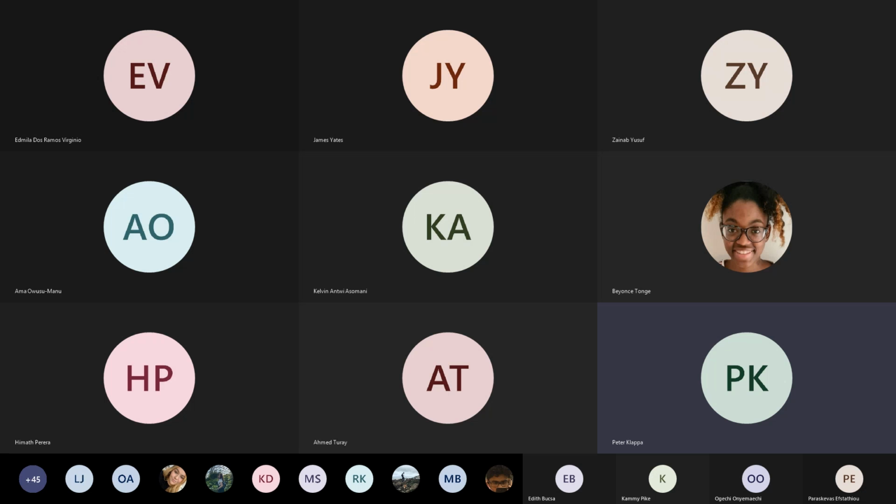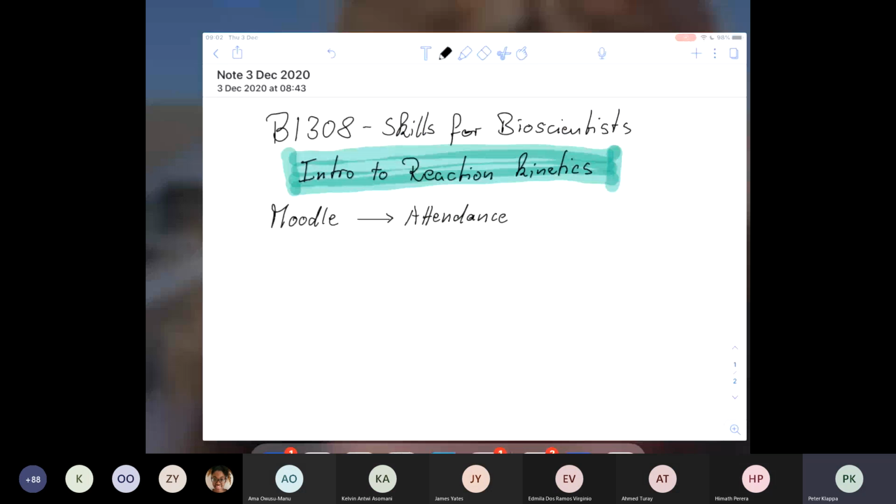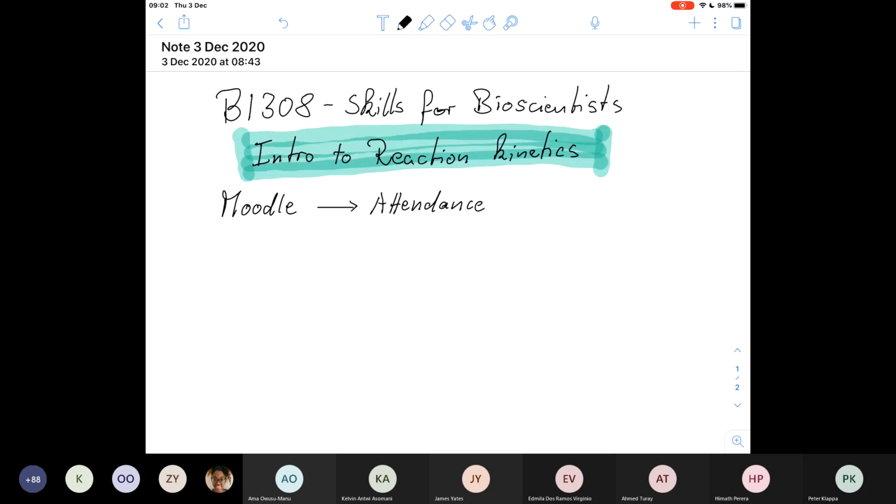That should work, hopefully. And the share screen. And let's hope that Teams has a better day today. So can you see my screen? Does that work?